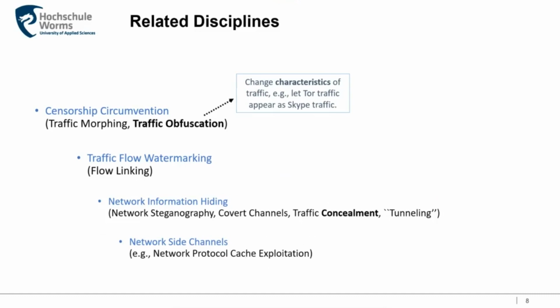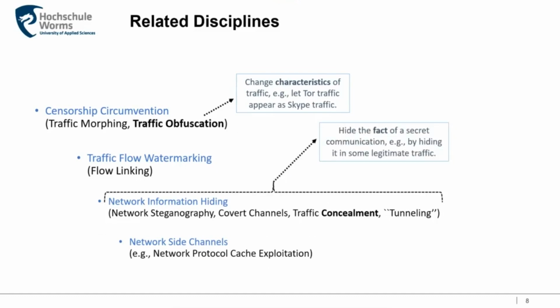Then there's traffic flow watermarking with flow linking. This is a bit outside of today's talk, and so is the discipline of network information hiding with network steganography, covert channels, and traffic concealment techniques. Sometimes tunneling is also used, wrongly, as a term. Here the idea is to hide the fact that the communication is taking place. If we encrypt the information, it is obviously visible that there is some random data.